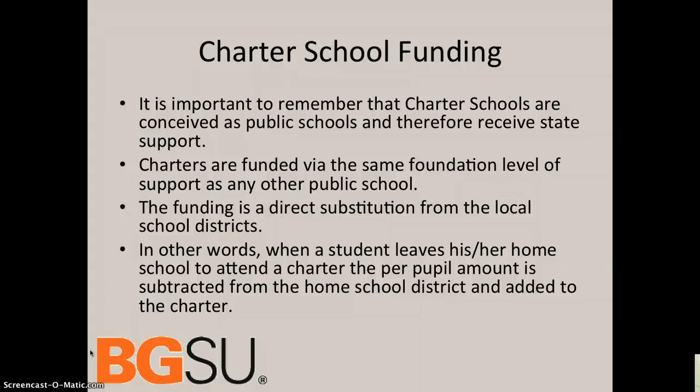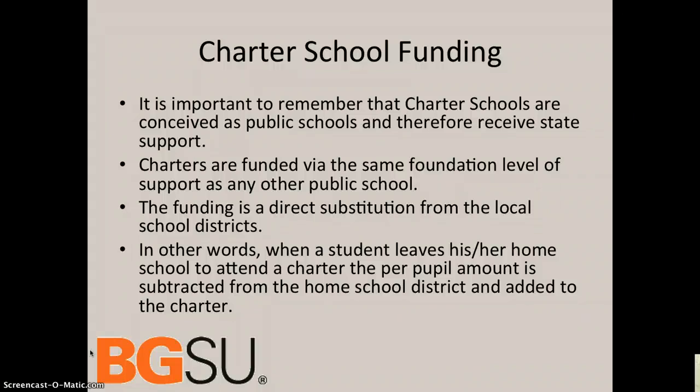And this funding is a direct substitution. So if a student leaves Bowling Green schools to attend Toledo School for the Arts, Bowling Green receives one student less foundation level, and that foundation level then is transferred to Toledo School for the Arts.